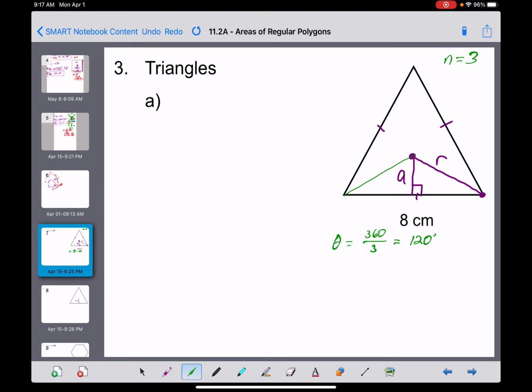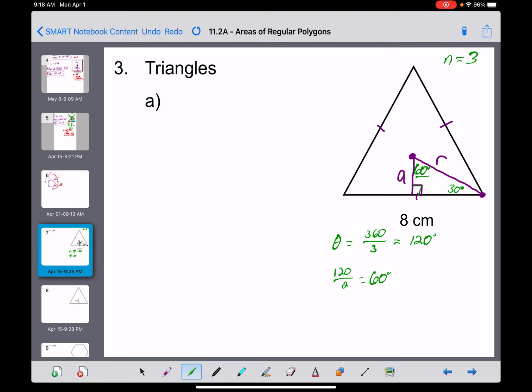So if I drew this radius and this radius right up here, that is our 120 degree central angle, and so is this. But the 120 degree angle on the bottom gets bisected by the apothem. So let's take that 120 divided by 2, 60 degrees is what we just found for that angle right there. Oh, and what do we see now? Here's 60, here's 90, this has to be a 30 degree angle right there.